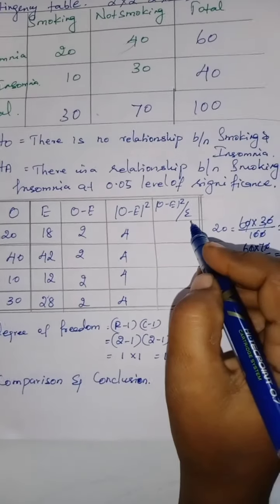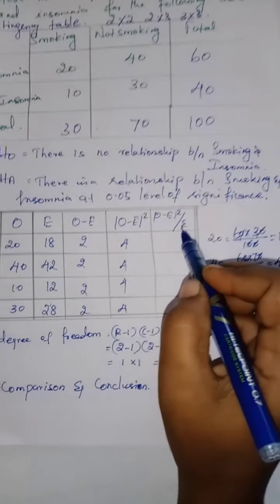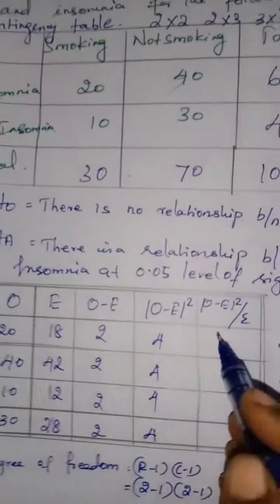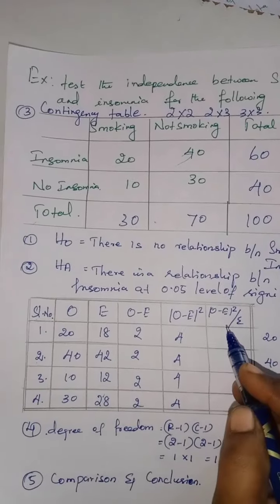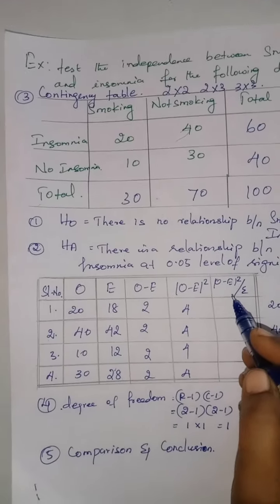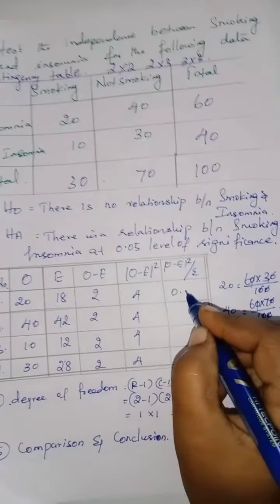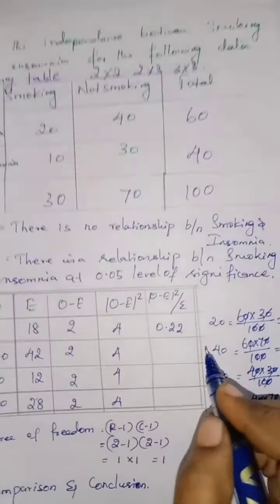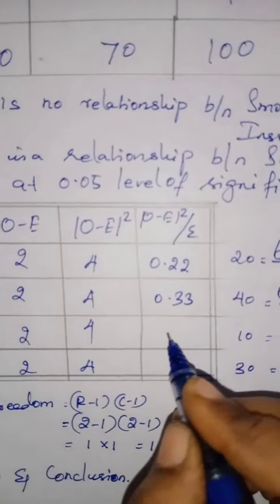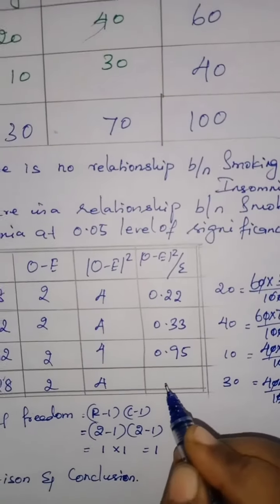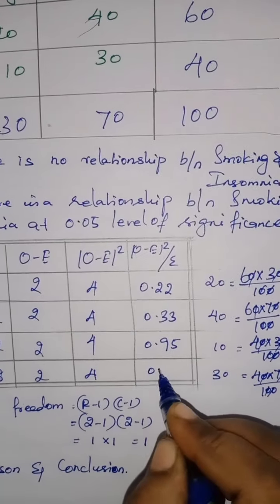Now what we have to do is divide by the expected value. So observed value minus expected value whole square divided by the expected value. If you simplify, we will get 0.22, here 0.33, here 0.95 and here 0.14.